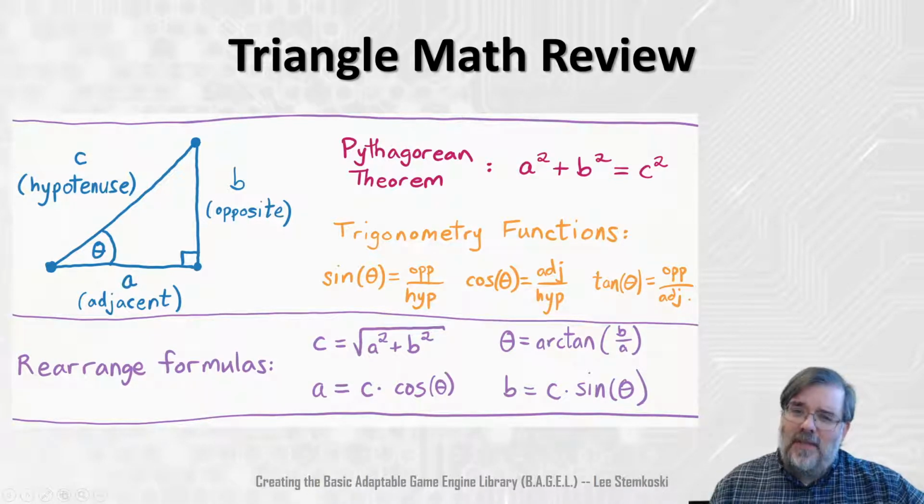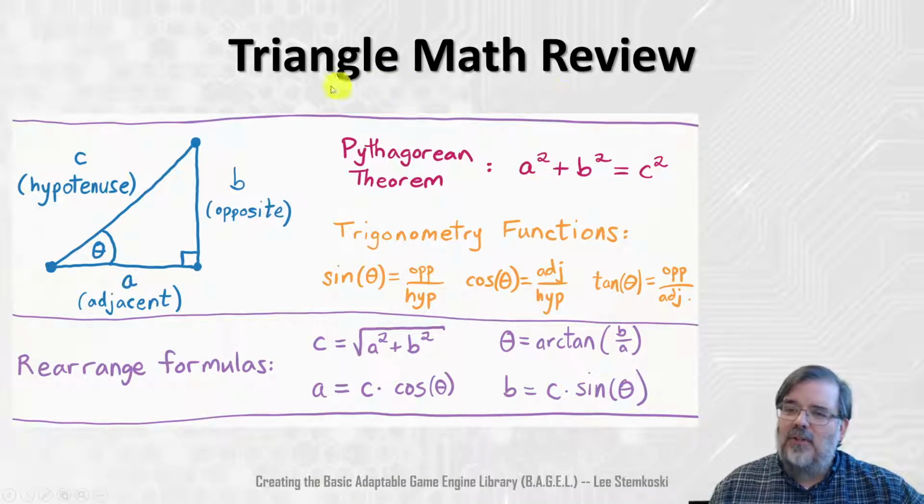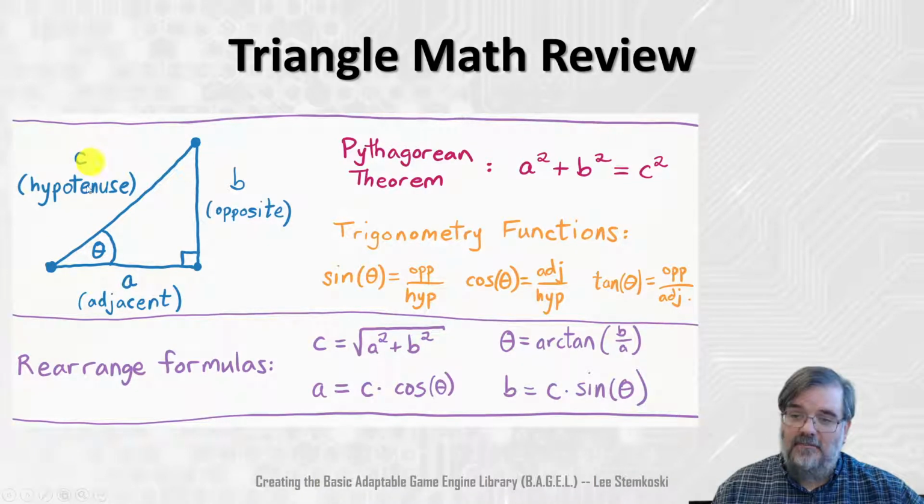So most of the math we need to review has to do with triangles, specifically right triangles. Let's assume you have a right triangle, as shown in this diagram, and the hypotenuse, which is the side opposite the right angle, we'll say has length c.